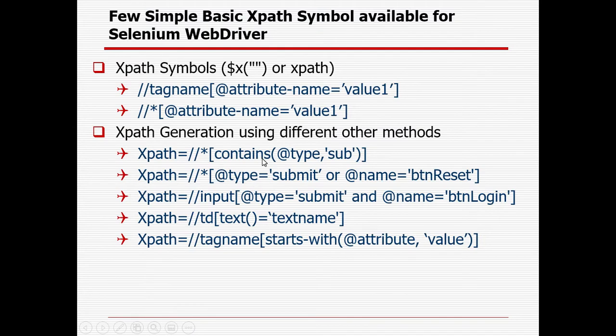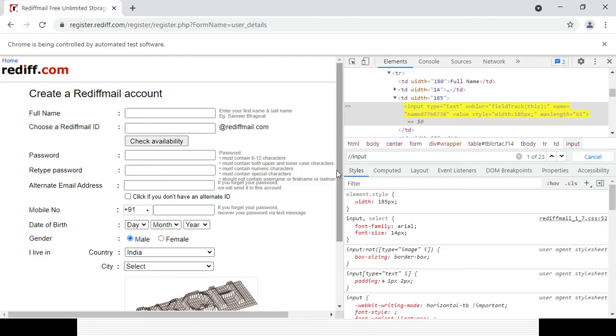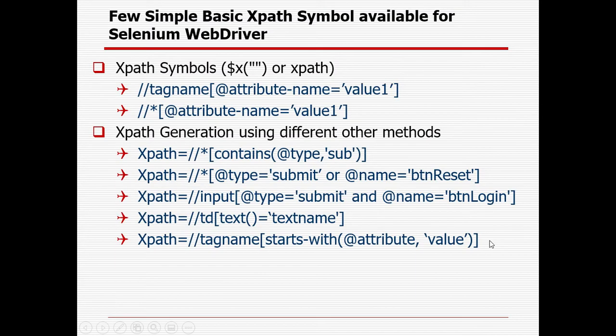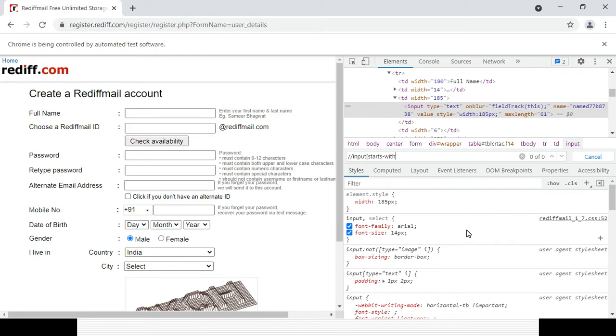Either I use contains or I use starts-with. So slash tag name, then the square bracket, starts-with, then the bracket, then the attribute, name, comma, and here I give the value which it is starting with, in quotes, and we close with the bracket and the square bracket as well.